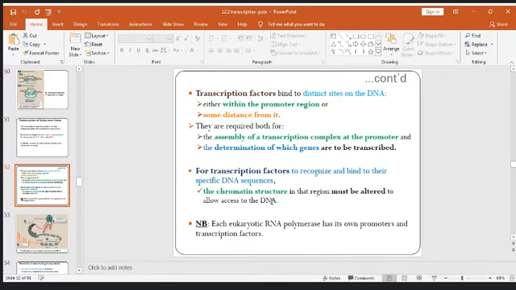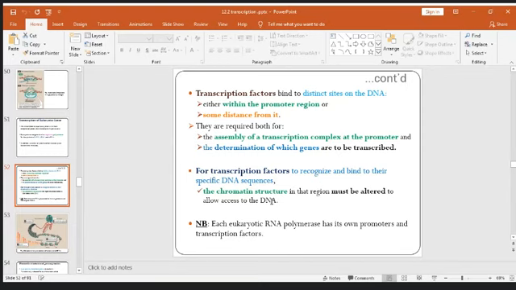Prokaryotes do not have histone proteins or chromatin regions. But in the eukaryotes there are histone proteins, which can complex with the DNA in order to keep it in its original form.